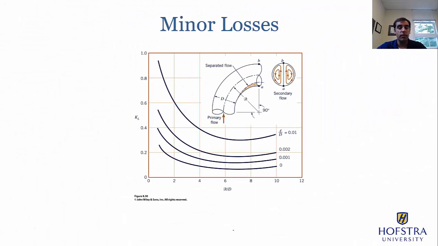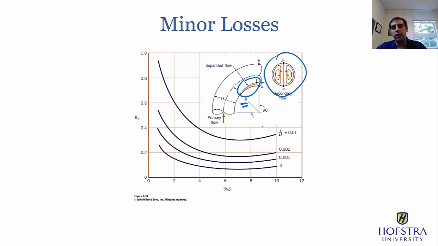We'll also have losses from flow going around elbows, right? So here again, you can see depending on what the radius of curvature is, how drastic it is, you might get some flow separation, which brings about energy loss. In addition, as flow goes around a turn like that, there's a radial pressure gradient in addition to the pressure gradient along the pipe length, which actually produces what we call secondary flow structures, or these two counter-rotating flows, where that's going to bring about more loss because again, it takes energy to have the flow move in these circles as opposed to just going forward through the pipe.